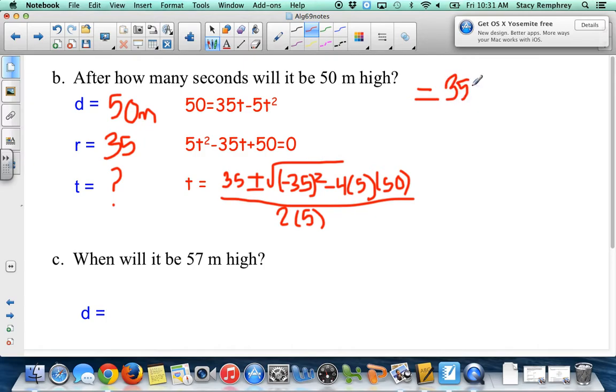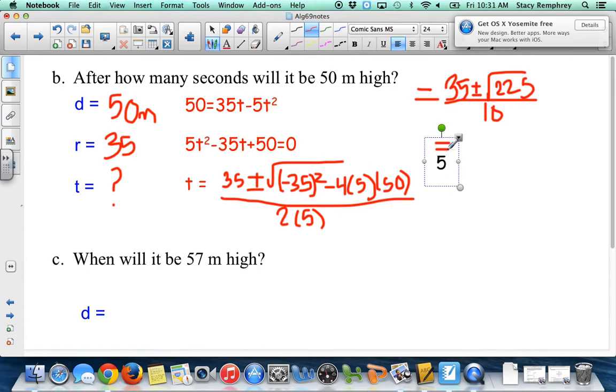So 35 plus or minus the square root of 225 all over 10. And when you solve that, you will get 2 different times.